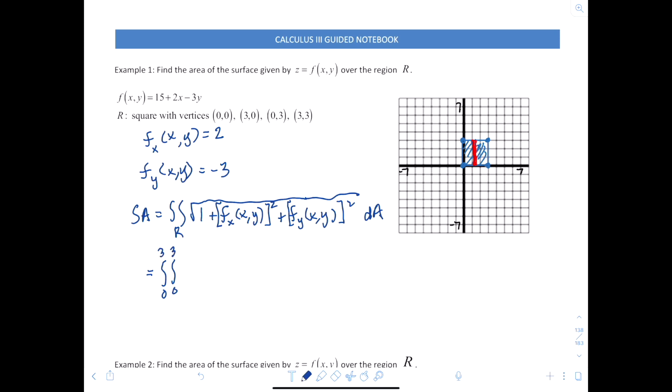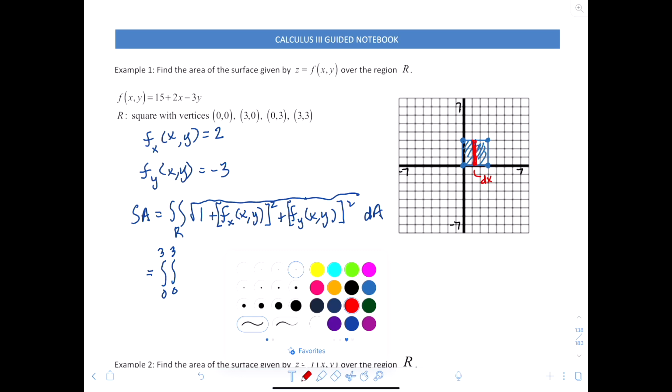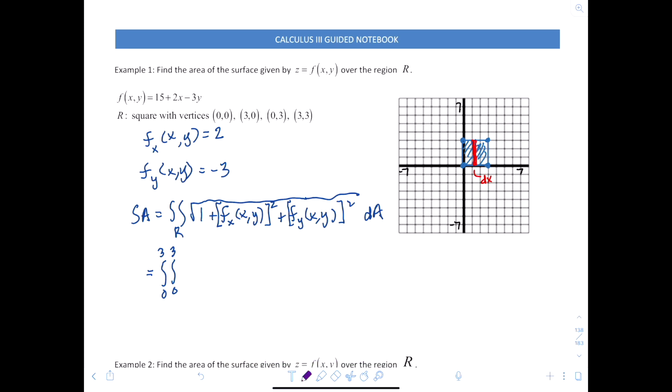So this first little rectangle represented dx, and the second time you would be moving like this for dy.